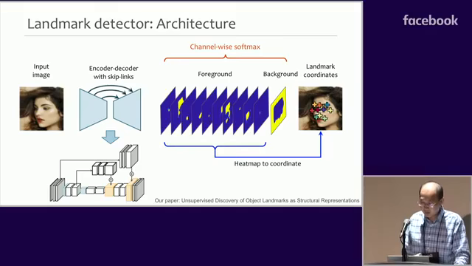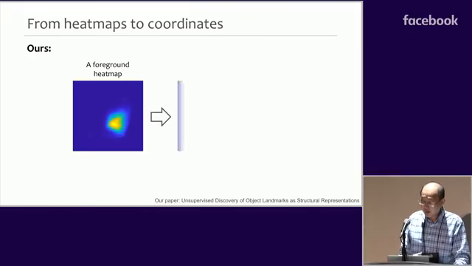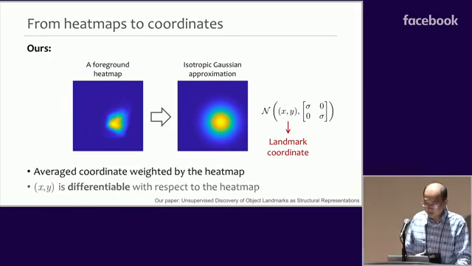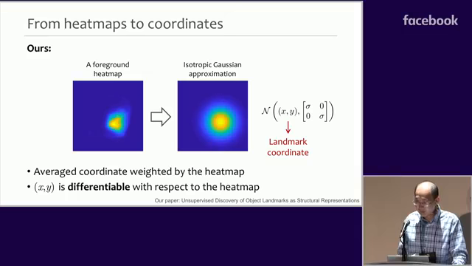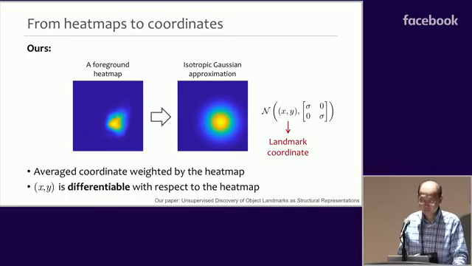From each foreground heat map, we get the coordinate of a landmark. More specifically, we approximate the foreground heat map with an isotropic Gaussian. We take the mean of the Gaussian as a landmark coordinate. Essentially, it is an averaged coordinate weighted by the foreground heat map, and this is differentiable.